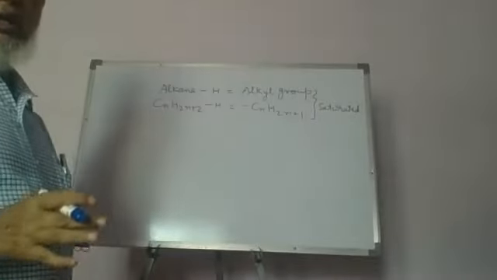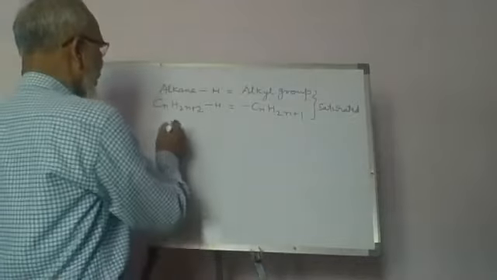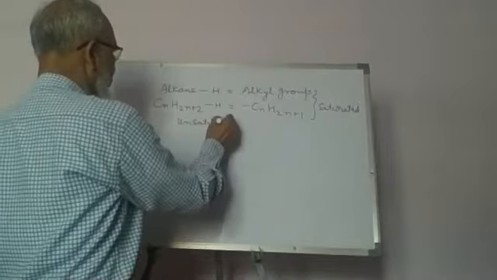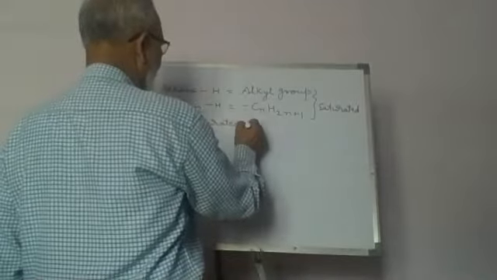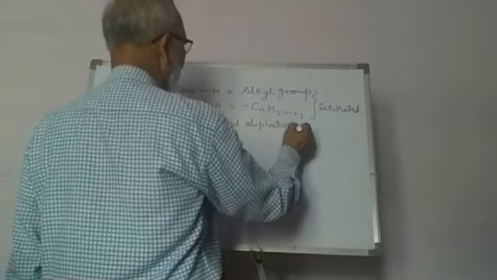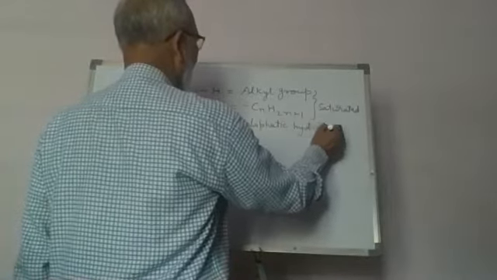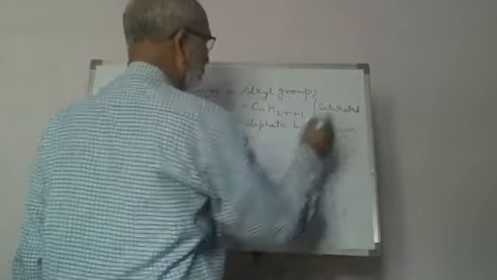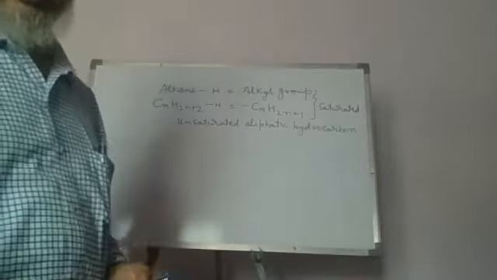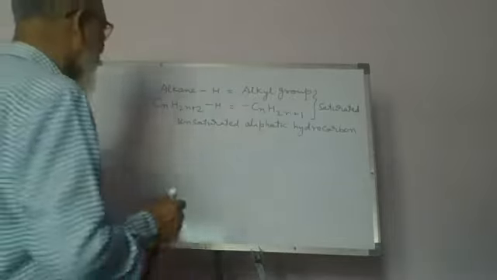But we also know that there are unsaturated aliphatic hydrocarbons, which may be of two types, containing carbon-carbon double bond and containing carbon-carbon triple bond. The carbon-carbon double bond containing are known as alkene, and the carbon-carbon triple bond are known as alkyne.